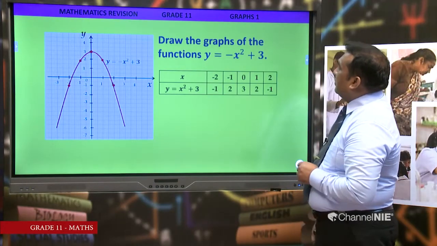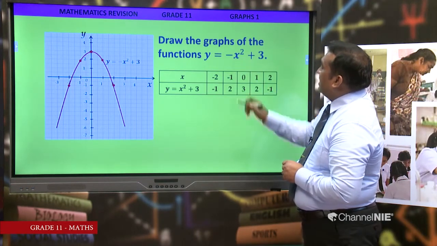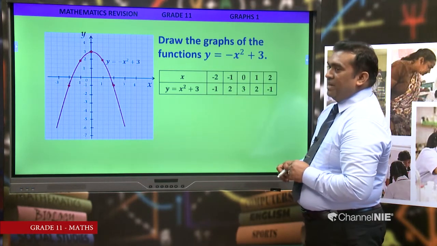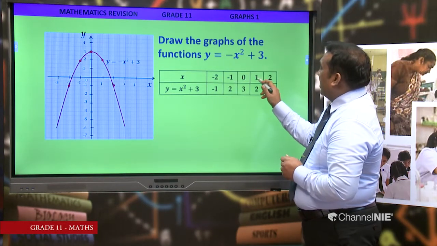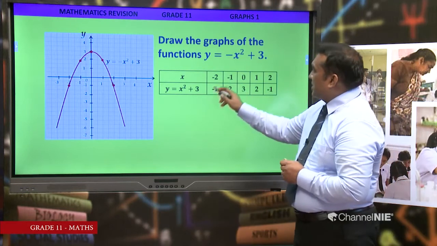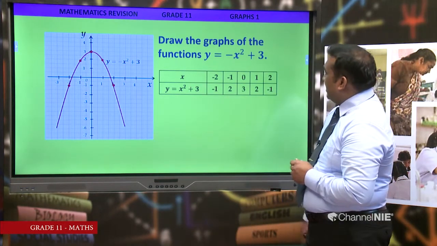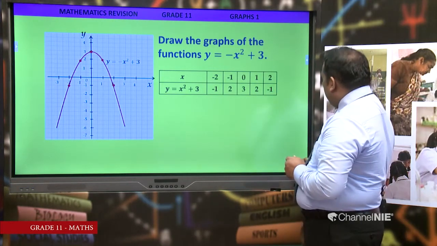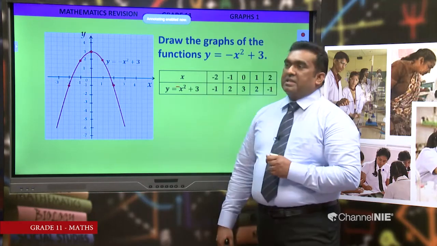Here draw the graph of the function y equals minus x squared plus 3. Value range of x: minus 2, minus 1, 0, 1, 2. Substitute minus 2 here, minus 2 squared is 4. Here there should be a minus sign.